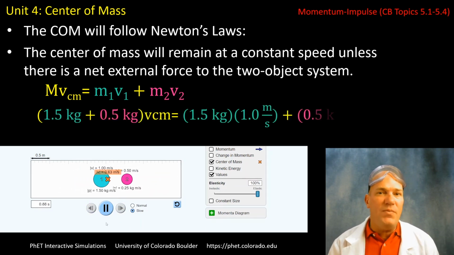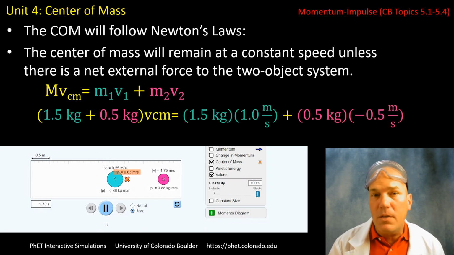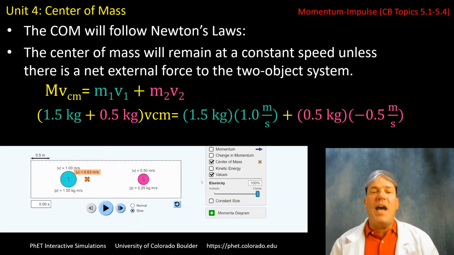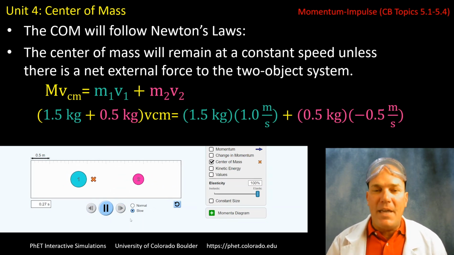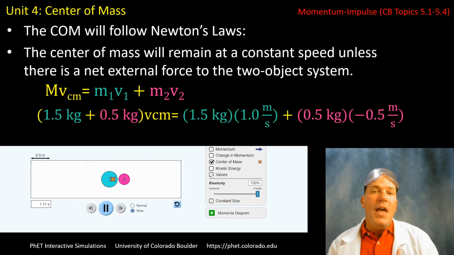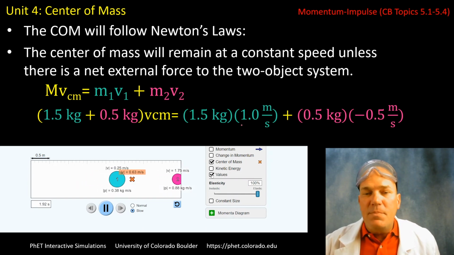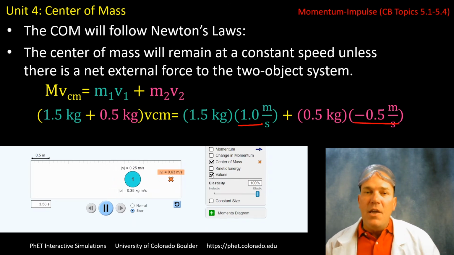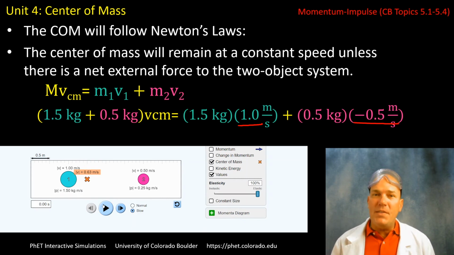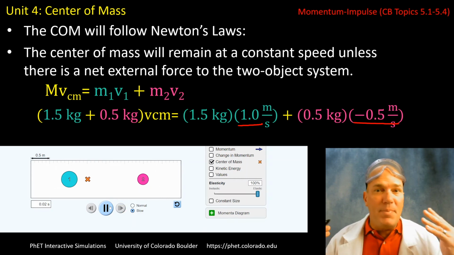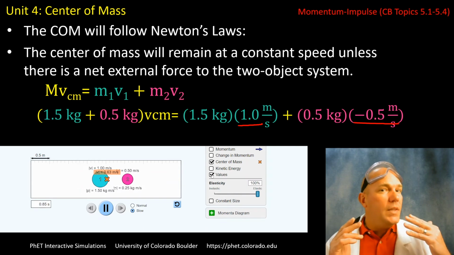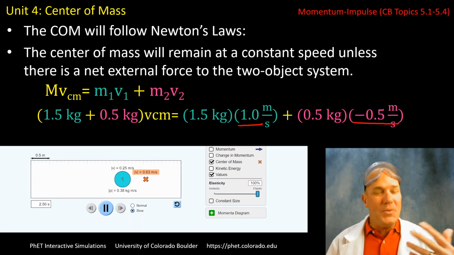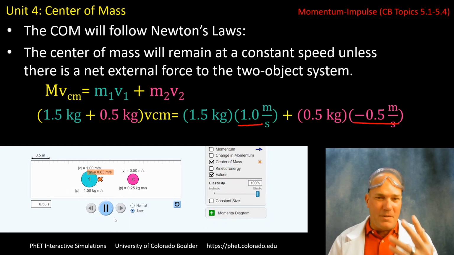Of course, the mass of the system is found to be 2 kilograms. And then v_CM is representative of the velocity of the center of mass for this two-object system. I have each object's speed, and I have paid attention to signage, which brings me to the point when you're calculating whether it's the position of the center of mass or the velocity of the center of mass, signage is of the utmost importance, so please be aware of that.